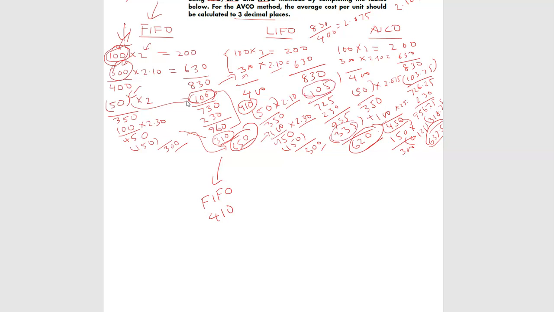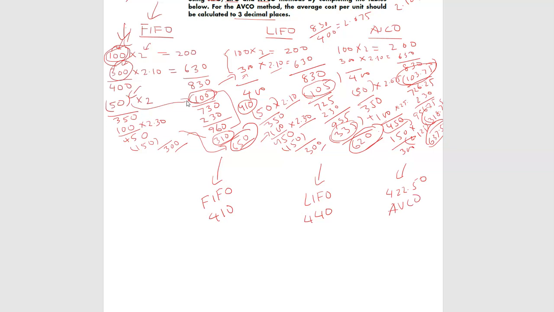So for the LIFO the issue value we have is 440, and for the AVCO we can see we have 103.75 and we have 318, so if I add it, this gives me 422.50, that's my AVCO.